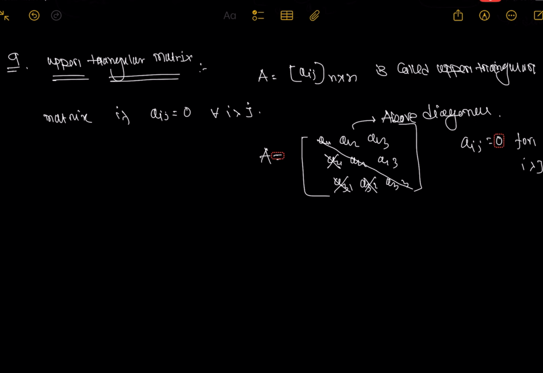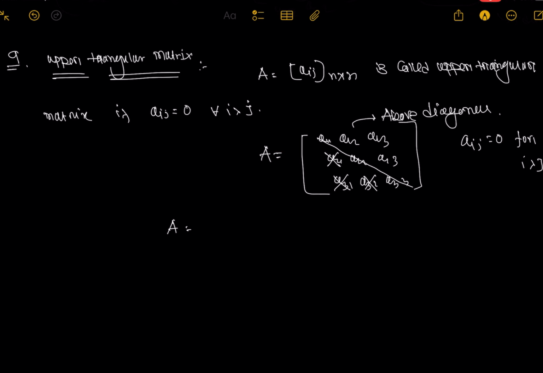For below the diagonal, all elements should be 0. So for this matrix, the diagonal elements and above diagonal have no restriction, but below the diagonal must be 0.